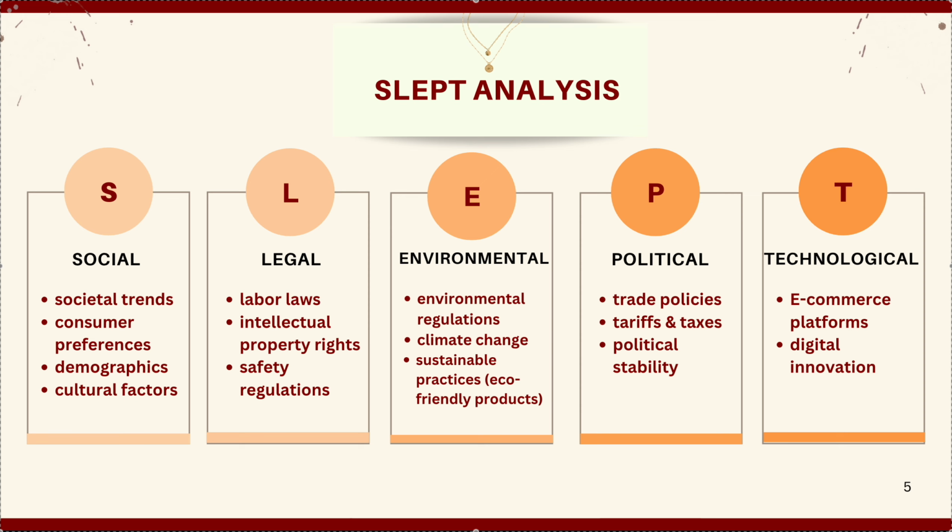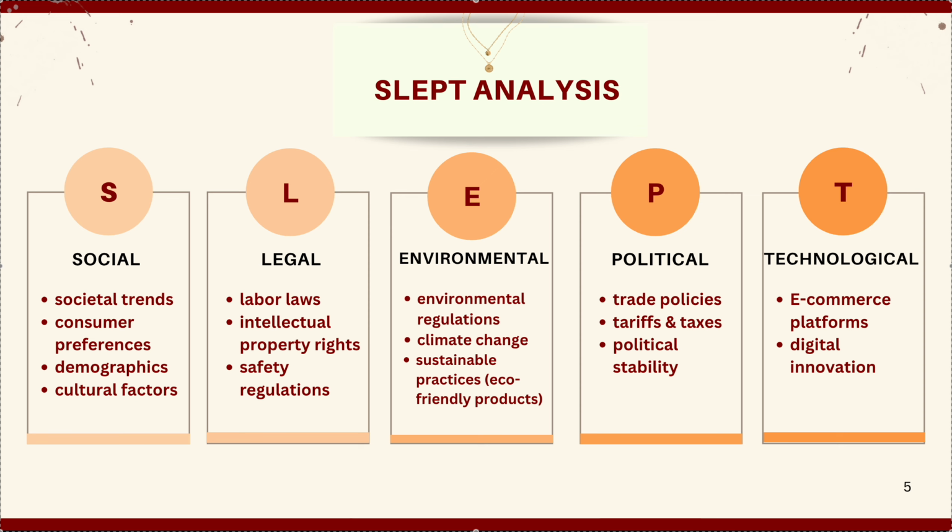It means social, legal, environmental, political, and technological. The social factors include social trends and demographic factors like age, educational level, and income level, which could impact the consumer purchasing power of the brand.